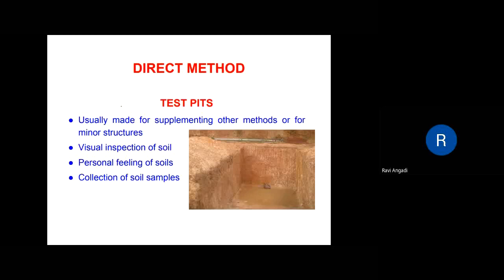So what does the direct method mean? In this method of exploration, an open excavation is made like this to inspect the substrata, and pits and trenches are excavated. Generally the pits and trenches will be like this at the site to inspect the strata, and the size of the pit should be sufficient to provide the necessary working space for the person gathering the information.